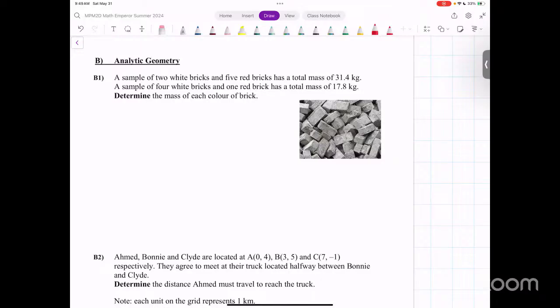Dakshi wrote something, but let's see what Kritik is doing here. Okay, let's see if Kritik got the equation. Okay, yeah, you're on the right track, sir. Keep going.